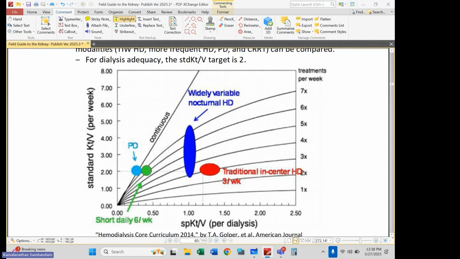One more term, or practice, that will emerge from this that you need to understand. 2 more, I'd say. I might say, okay, it's time to use nocturnal CRT, or some people call it prolonged intermittent renal replacement therapy. It has a silly name, PIRRT, okay?